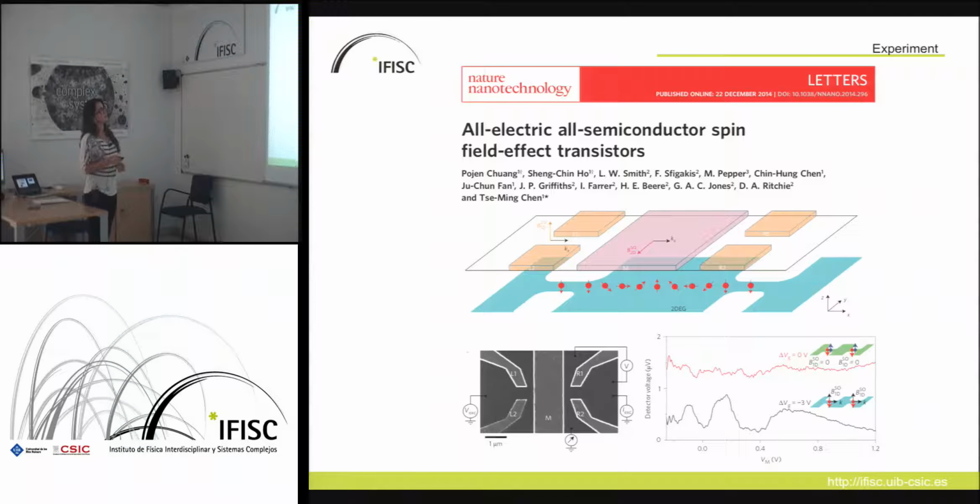Here they use two QPCs to inject and detect the spin-polarized currents, and the electric confinement in these constrictions generates an effective magnetic field that polarizes the electrons perpendicular to the central region.